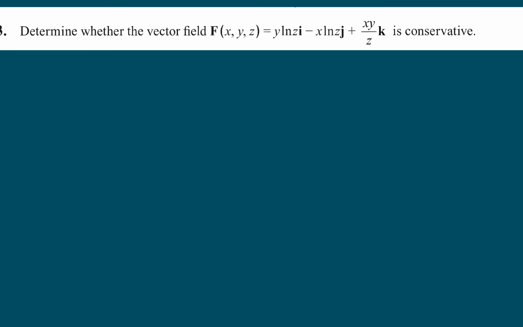Now we have another field that is a little bit more strange. It's in 3 dimensions, and they ask, is it conservative? Well, if the curl of F is 0, it's conservative. So what do we have to do? Well, we need to calculate the curl of F. If it's 0, it's conservative.